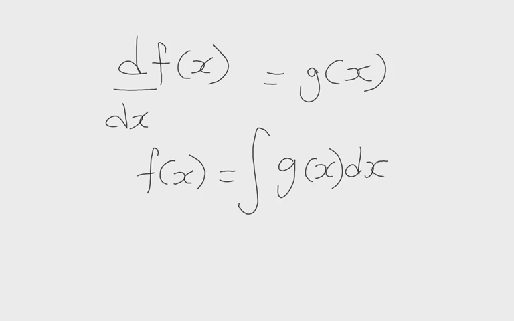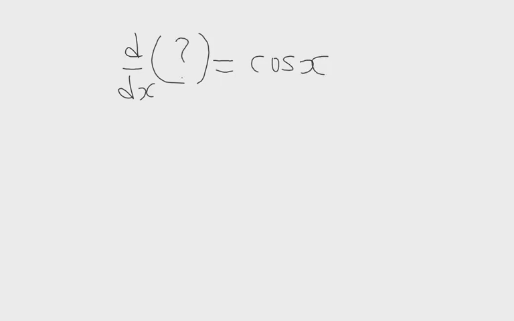Okay, so this is the integral of g of x dx. Okay, now for example, if the derivative of a function, d/dx of a function, is cos x, what would that function be? Definitely that function should be sin x.